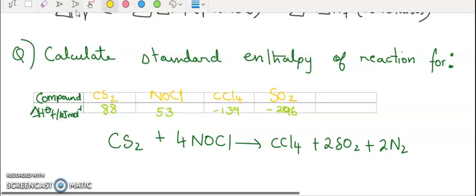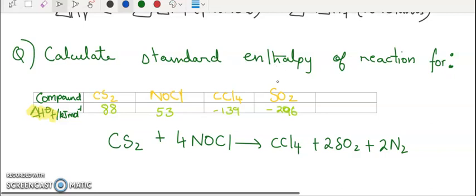For now, it's not important to note this down, but it's always good to know what type of information they've given you. Right here, they've given us standard enthalpy of formation data, but that will come of importance later on. Now let's see what the question has asked us to do.